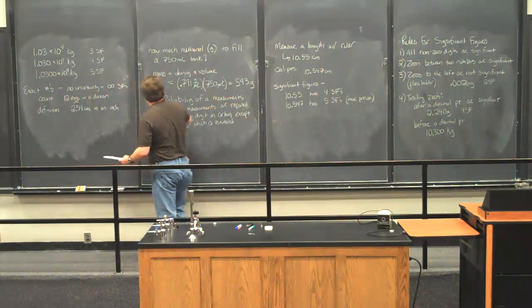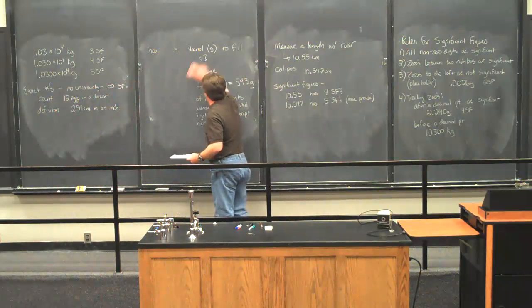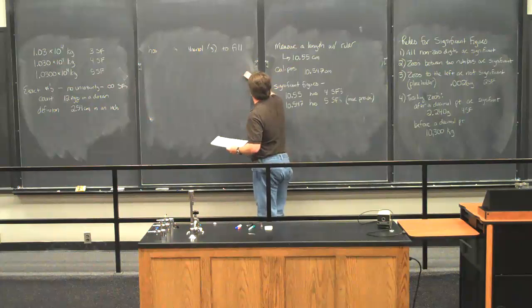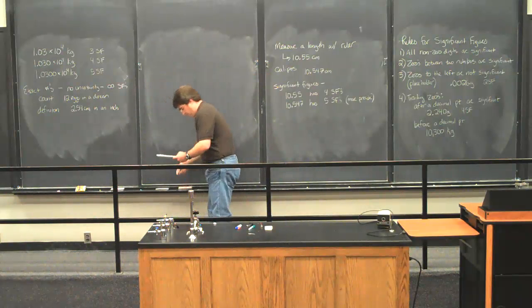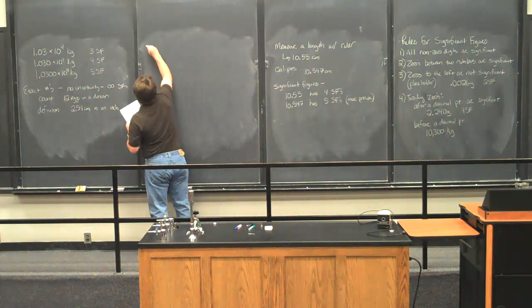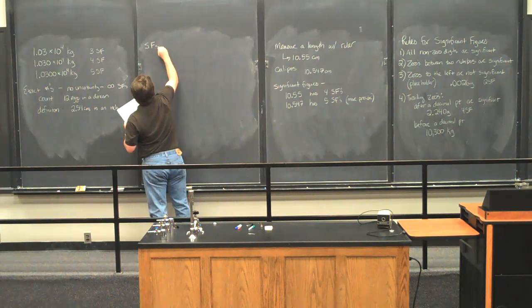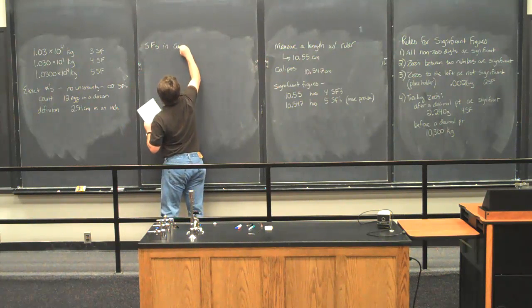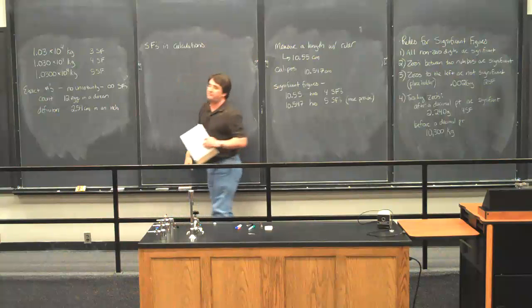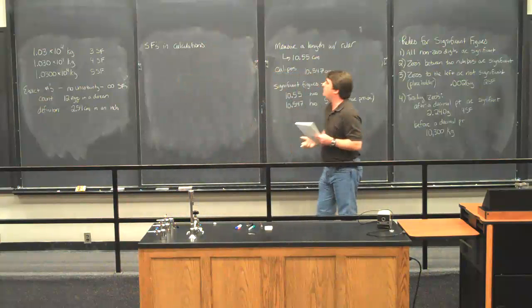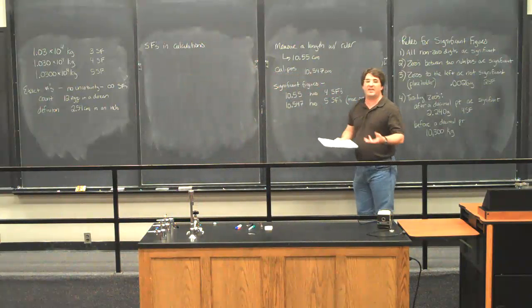Now let's do a quick calculation here to see how we use significant figures in calculations. Because we're often taking our measurements from the laboratory and then doing some kind of a calculation.